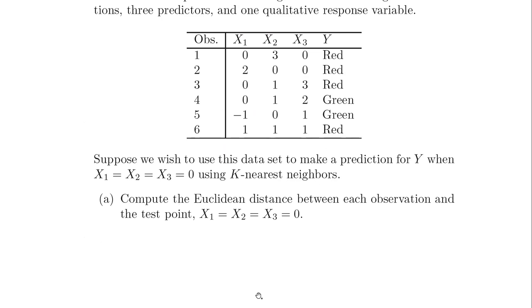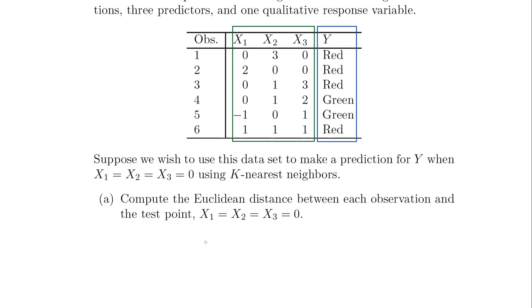Compute the distance between each observation, and the test point is 0, 0, 0. So you have four. This is your data set. It's 6 observations. You have the variables that you're going to use to predict, known as the predictor variables, and the variable that you're going to try predicting, usually denoted by y.